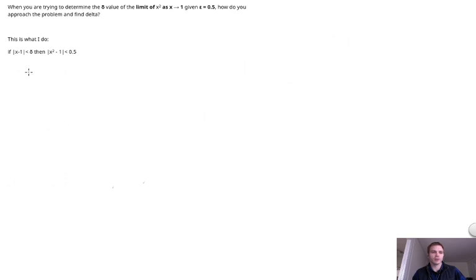So let's see. We have f of x equals x squared, and the limit as x approaches 1 of x squared equals, we'll just sub in, 1 squared is 1, right? So if this is true, that means that the absolute value of x squared minus 1 should be less than delta.